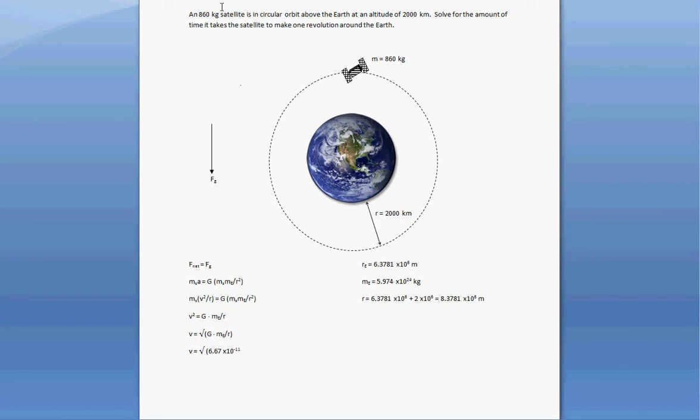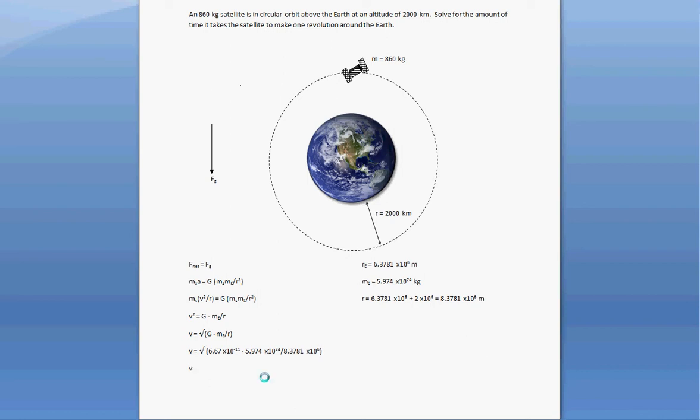That's what g is, times the mass of the Earth, which is 5.974 times 10 to the 24th, divided by the radius, which is 8.3781 times 10 to the 6th.